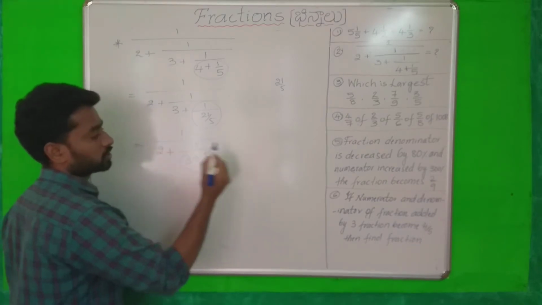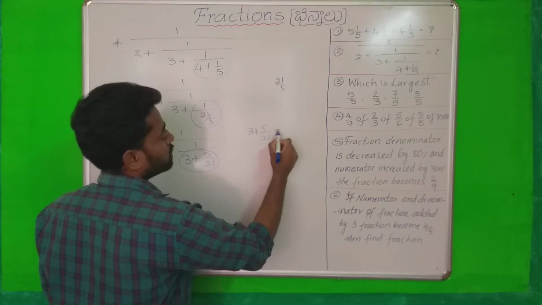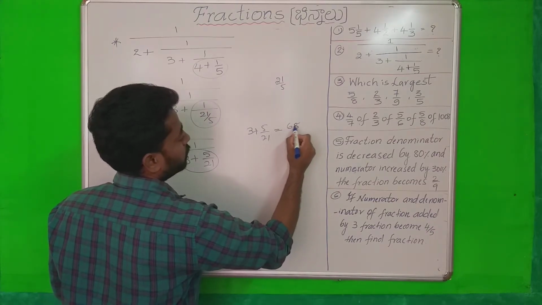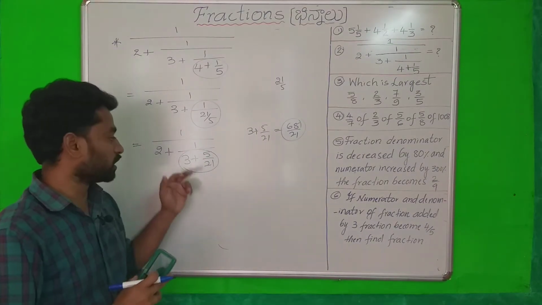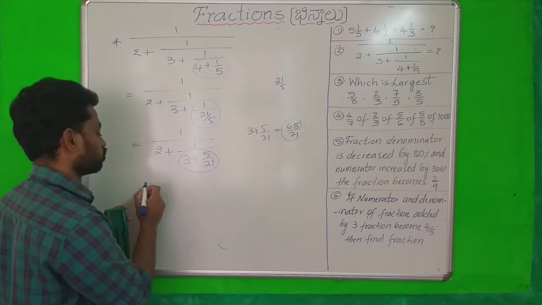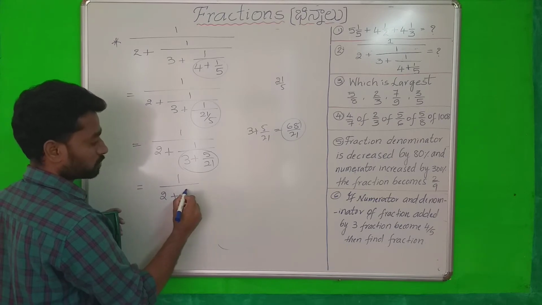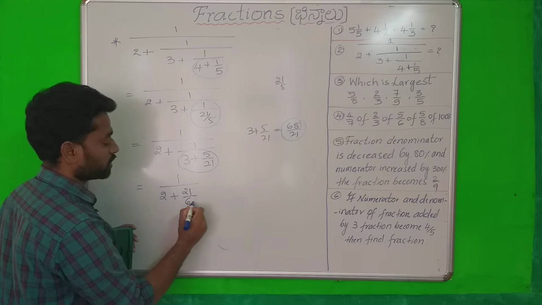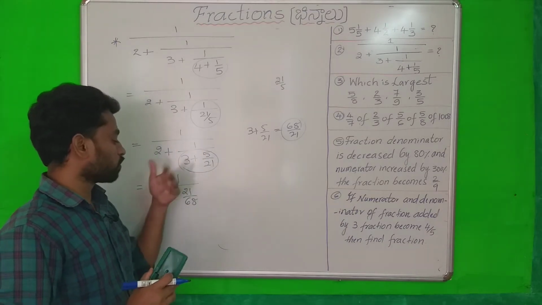And simplify this separately. I am doing 3 plus 5 by 21. 21 3s are 63, plus 5, 68 by 21. So its value you are getting is 68 by 21, and its reciprocal, 1 by that, is 21 by 68. So we can write 1 by 2 plus, directly I am writing without one step, 21 by 68. Actually this value is 68 by 21 and its reciprocal I have taken.